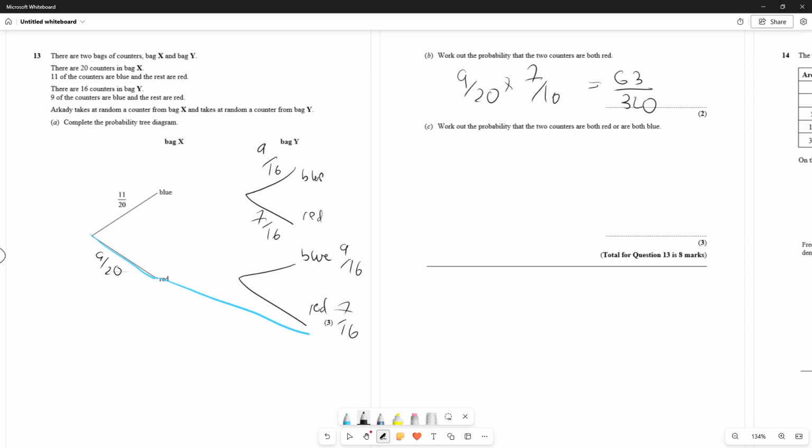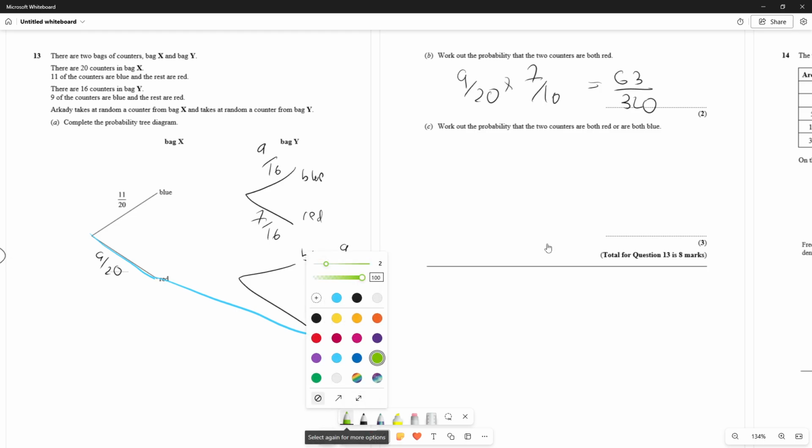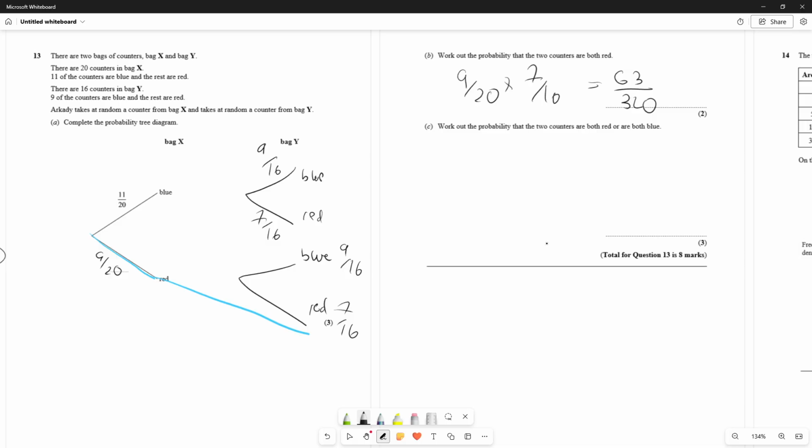Now the next part is work out the probability that two counters are both red or are both blue. So what paths can we take? I'm going to use green for this. So we have to make sure that they are both red or both blue. So if you go both blue, we have to take this path. Both blue, we have 11/20ths because that's the first fraction, and we multiply by 9/16.